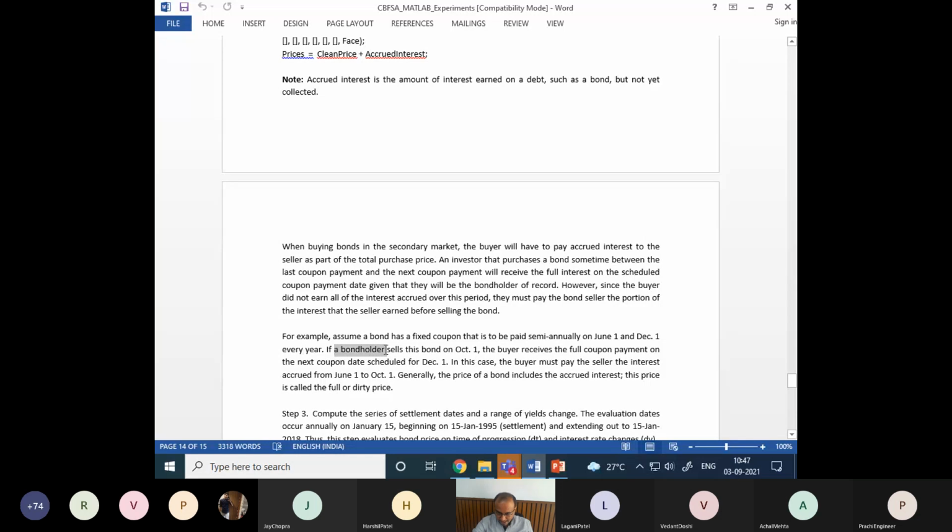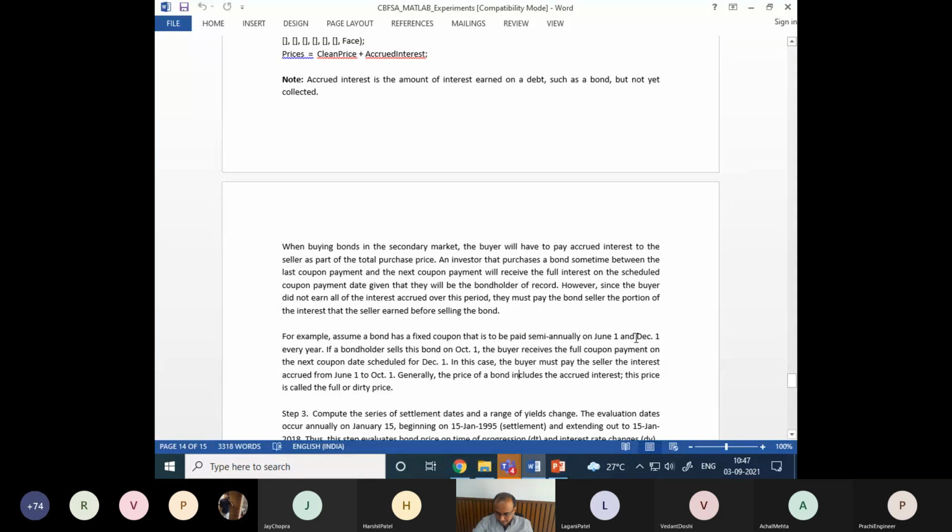Suppose I am holding some bond, but I sell it on October 1. I got the last interest on June 1, but the next expected coupon is on December 1. So if I sell in between, what about my interest from June 1 to October 1? What about that period? Will I get it?